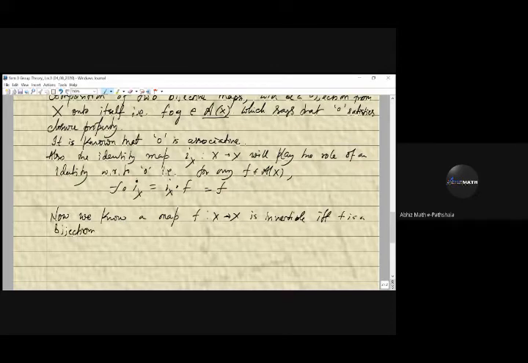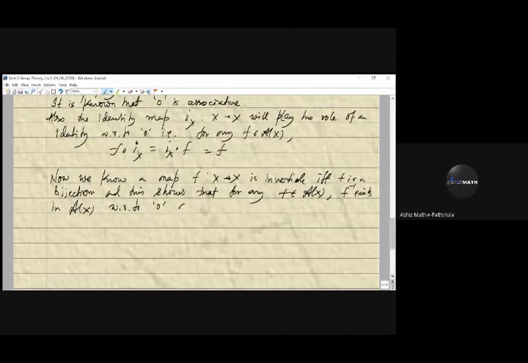And this shows that for any f belonging to curly X, f inverse exists in curly X with respect to composition of maps, as f compose f inverse equals the identity of X, which equals f inverse compose f.